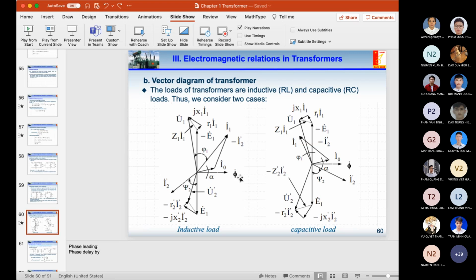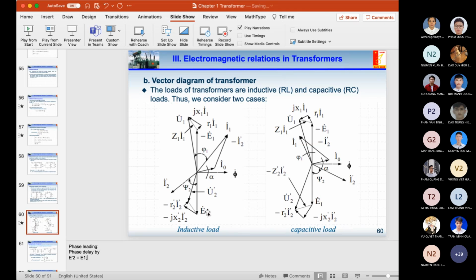So the electromotive force of the secondary winding is phase delayed by phi here. And E1 is equal to this here.